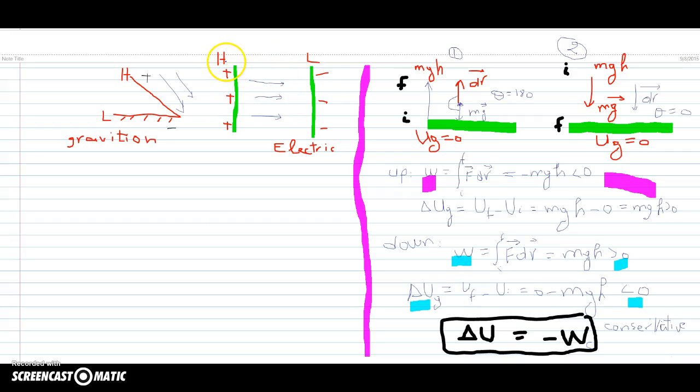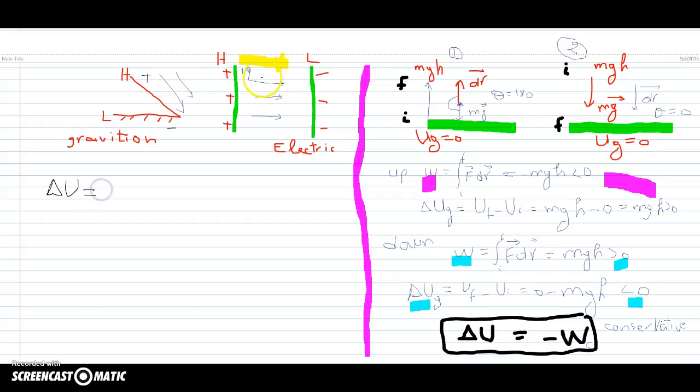So first I'm going to go from high to low. I'm assuming this is a positive particle charge. I'm going this way. So what is the change in electric potential energy? Although we did not define what it is, it's very easy.